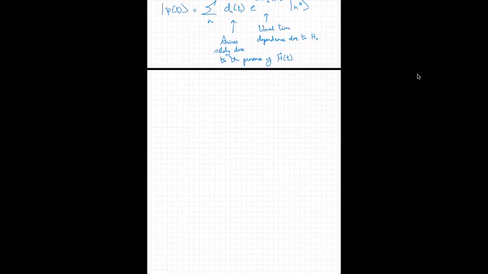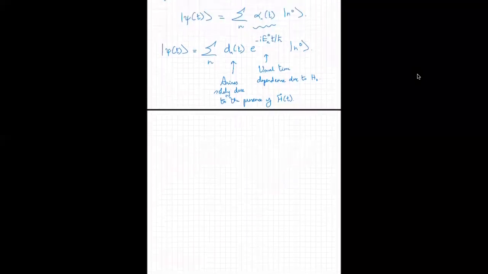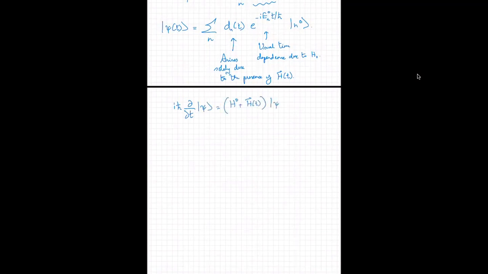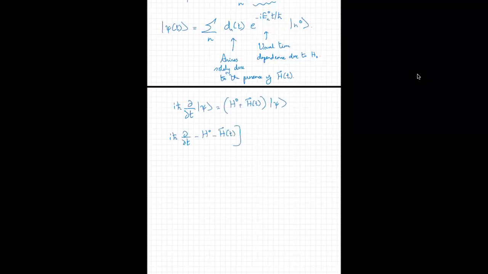Okay, so how do I figure out dn of t? The way you would do this is by first recognizing that the Schrodinger equation for this system is i h bar d dt of psi equals h0 plus h tilde acting on psi, okay, which I can rewrite as i h bar d dt minus h0 minus h tilde acting on psi equals 0, right?